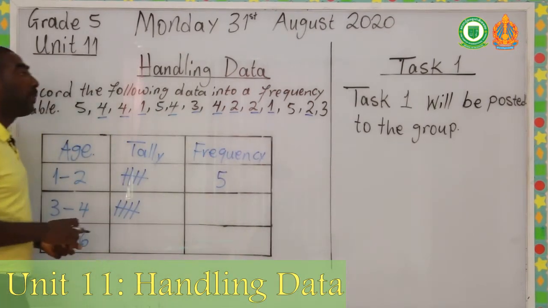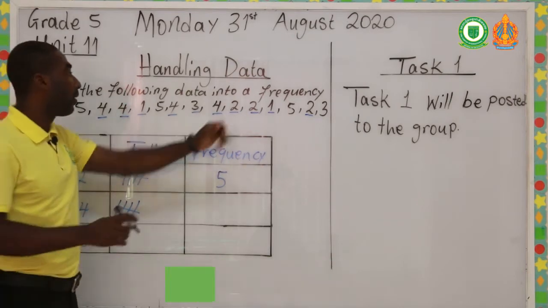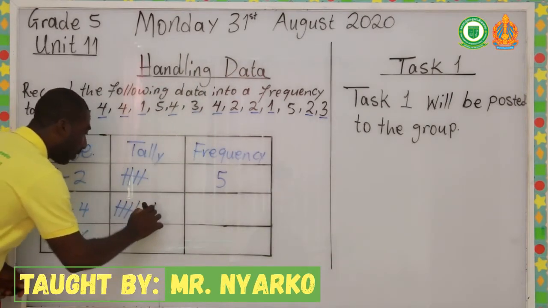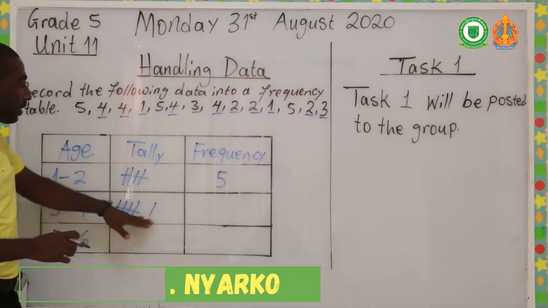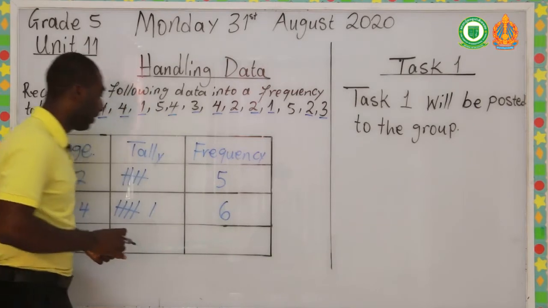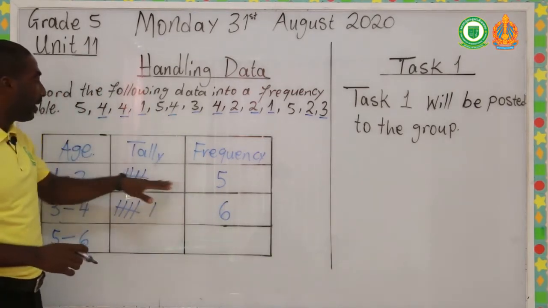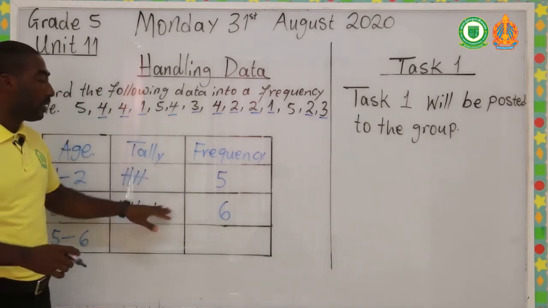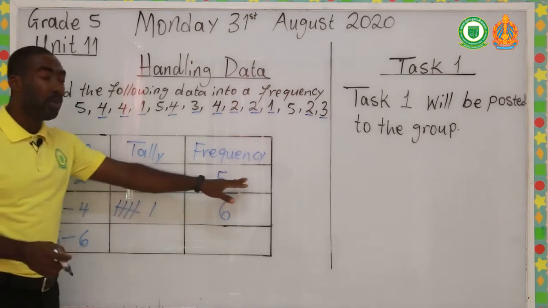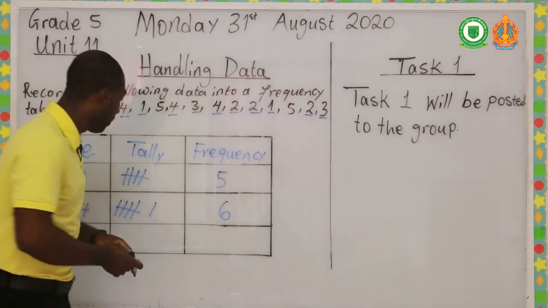We don't see 4 or 3. Okay, so we have 3 here. So that becomes here. So we have 6. So our frequency becomes 6. The frequency and the tally are always equal. We use marks for tally and we use numbers for frequency, okay?